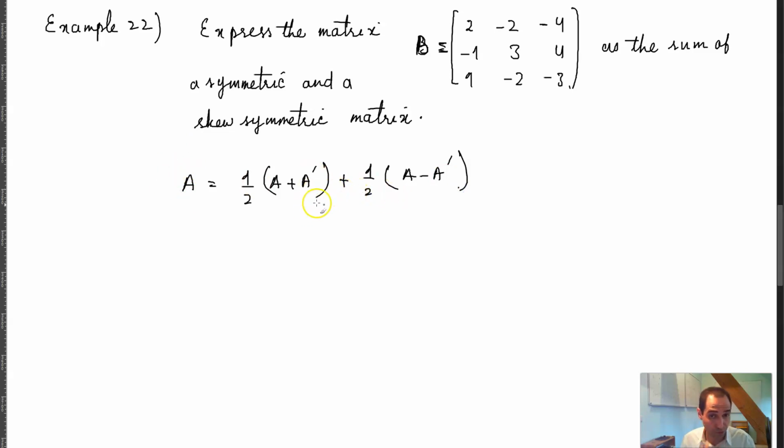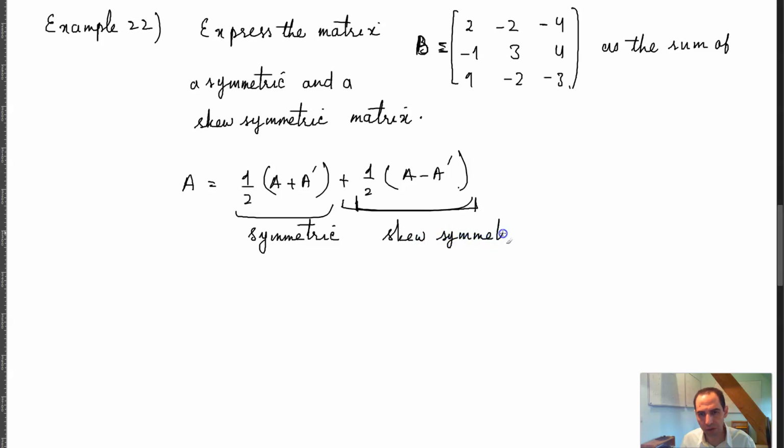And then we proved that this is a symmetric matrix, and this over here would be a skew symmetric matrix, right?